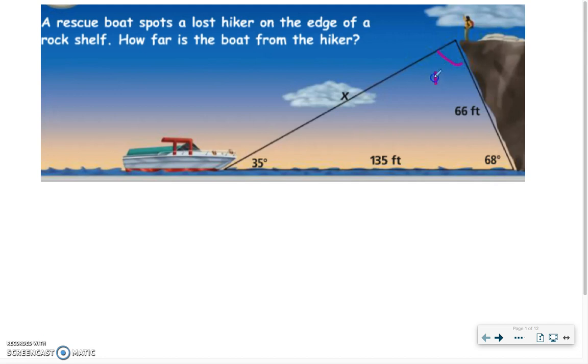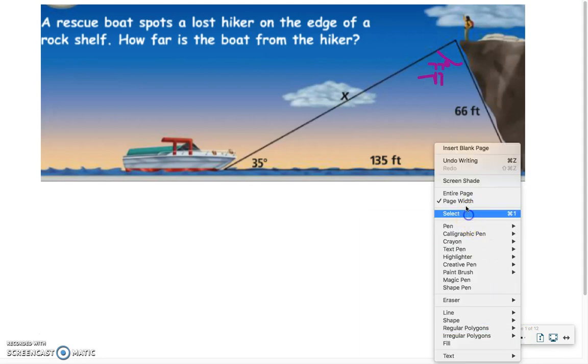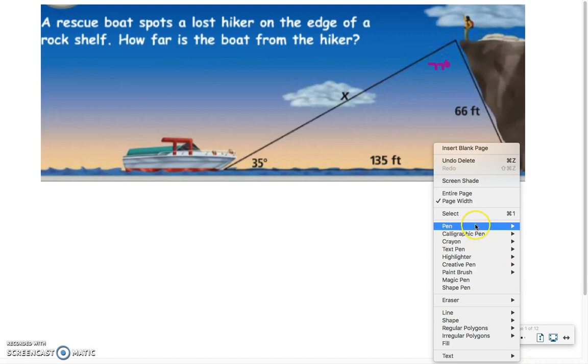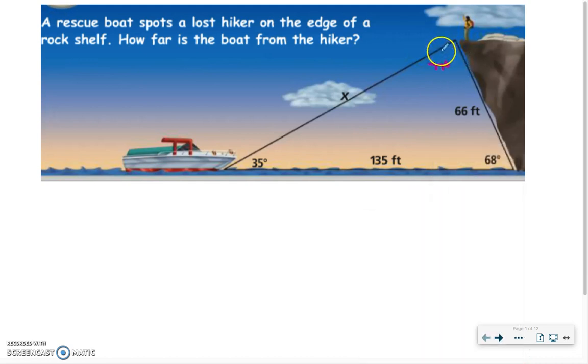So we got a 77 degree angle. Because that's 77, we are not able to use SOHCAHTOA because we don't have a right triangle.